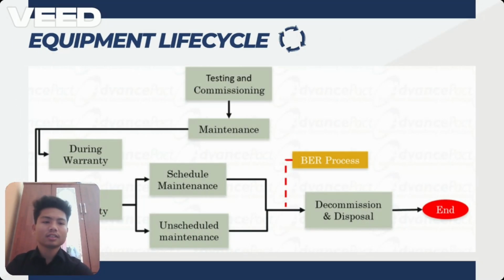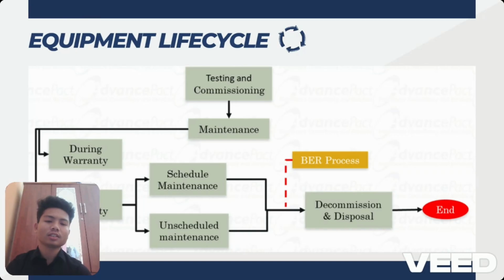Equipment life cycle. First, testing and commissioning. Second, maintenance. Then for maintenance, they have two: first during warranty and second after warranty.